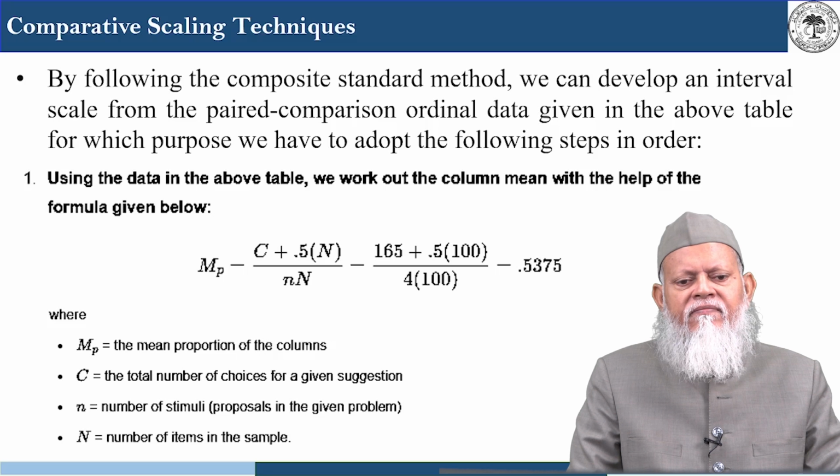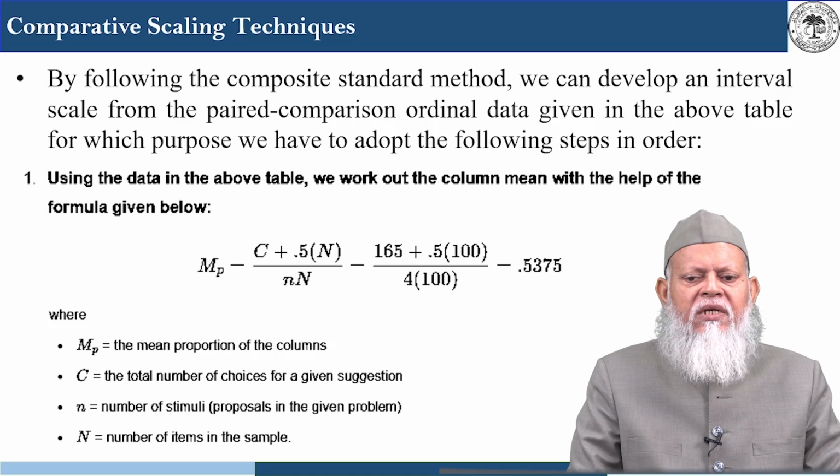So, by calculating on this formula, the column mean for the stimulus C is given as 0.5375.